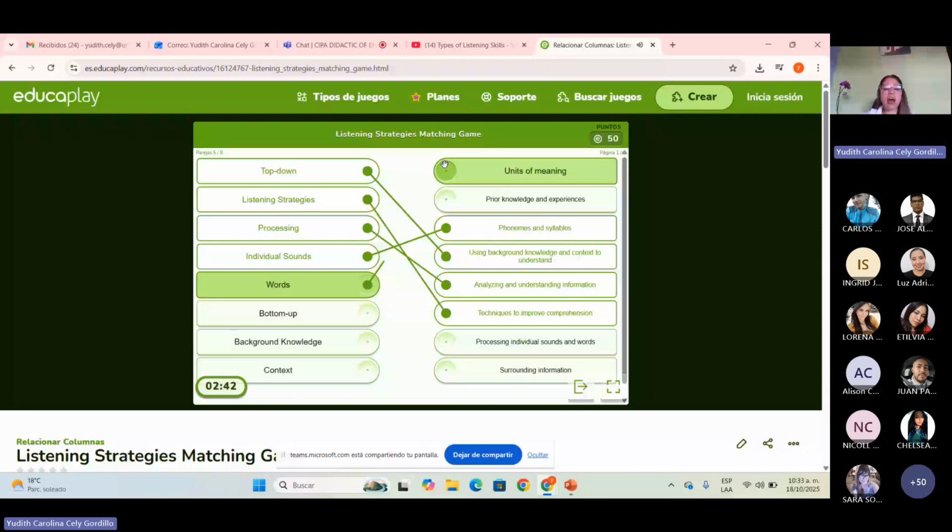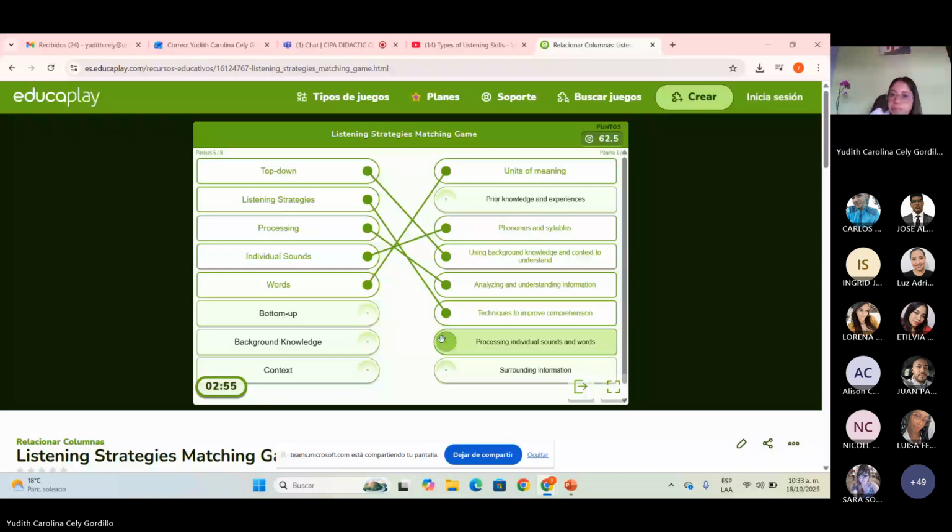Perfect. Bottom-up. What about this? Bottom-up: processing individual sounds and words. Okay, background knowledge: sharing knowledge and experience. Experiences, that's right.